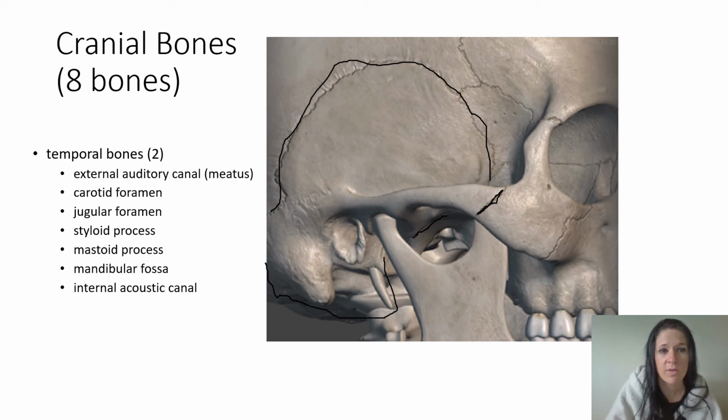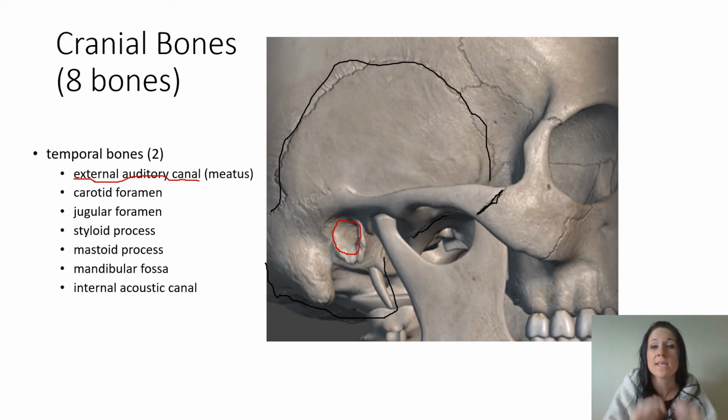Okay, so first was our external auditory canal. So I've made the highlighting a bit smaller so we can still look at the bony structures. So that's this hole on the side of the skull going in, right where your ear would be. Then our styloid process is this spiky projection coming off of the temporal bone.